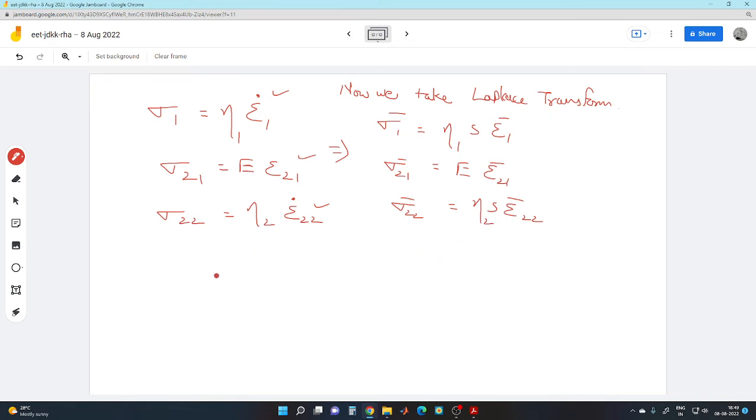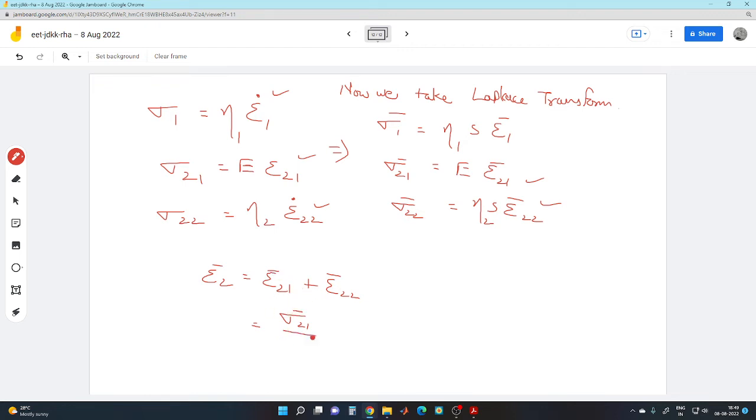So what we know here is epsilon 2 is equal to epsilon 2 1 plus epsilon 2 2. So we will substitute the values from here. We can write it as sigma 2 1, we are taking the Laplace transforms. So these are linear equations, so it won't matter. The Laplace transform is same as the equation.